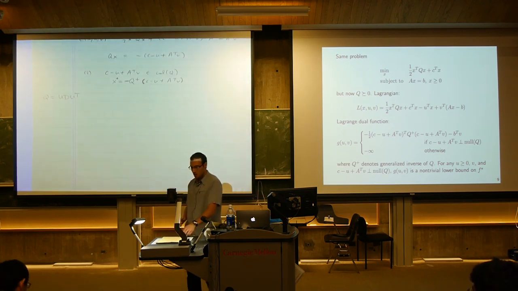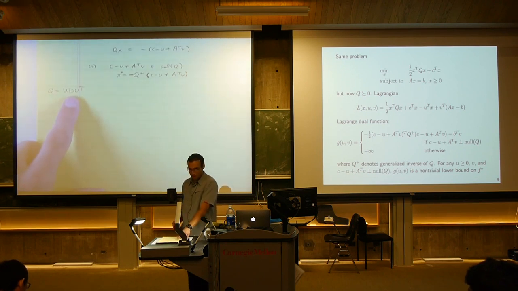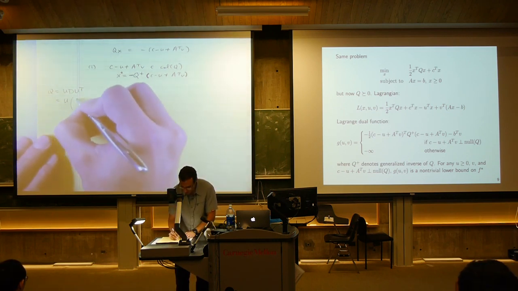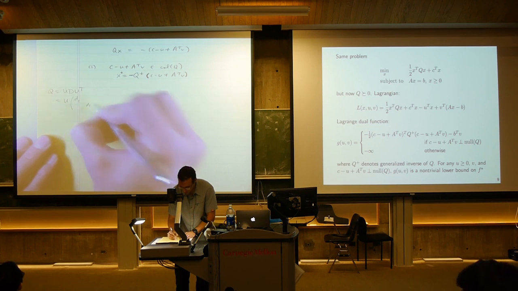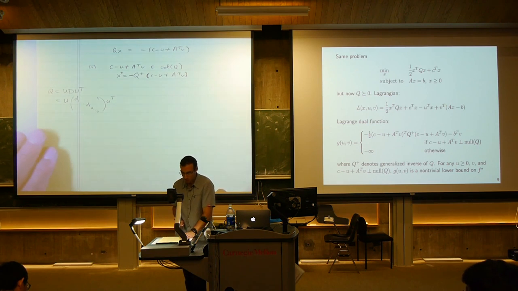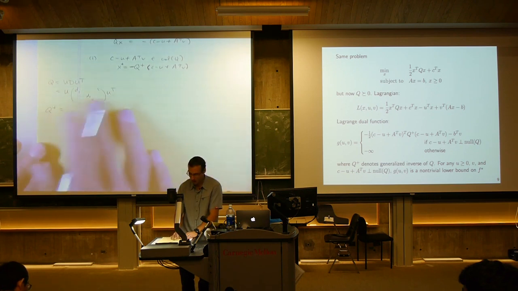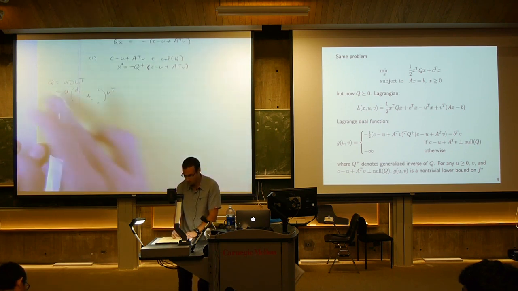If Q is positive semi-definite but not positive definite, then D has some possibly 0 diagonal entries. So we can think of it like this: D1 through Dr, and then 0, 0, U transpose. The pseudo inverse is usually defined via this eigendecomposition, or an SVD for a rectangular matrix.